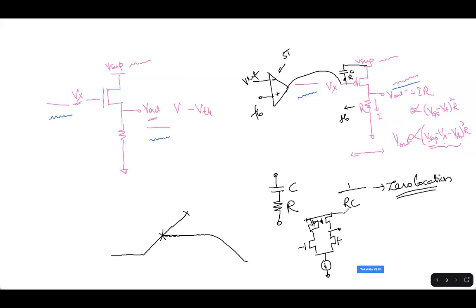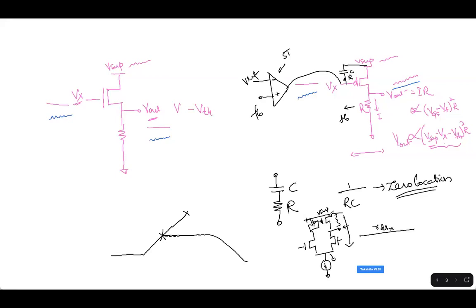So you can see that from VSUP, there is one transistor here, which is in saturation. Note that it is in saturation. So even if you look at the impedance of this particular path right from VSUP, the impedance looked from VSUP is huge. And impedance looked from here down is just maybe RDS. If you assume this to be a virtual ground, it should be only RDSN that will be the impedance looking down.